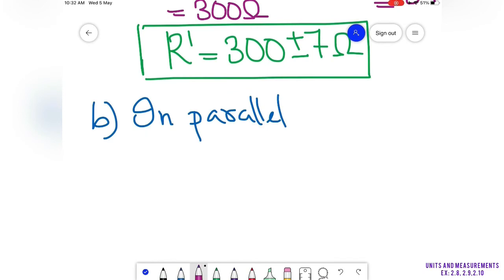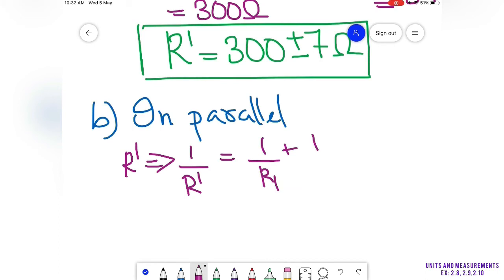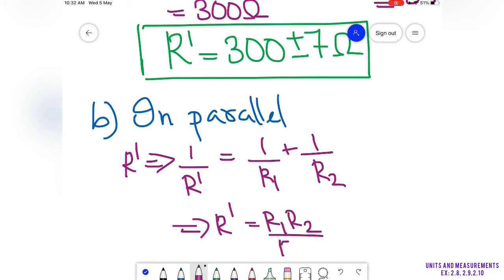So calculate R dash. Write down the equivalent resistance formula: 1 by R equivalent is 1 by R1 plus 1 by R2. Once we simplify this, we get R dash equal to R1 R2 divided by R1 plus R2. That gives you the equivalent formula.